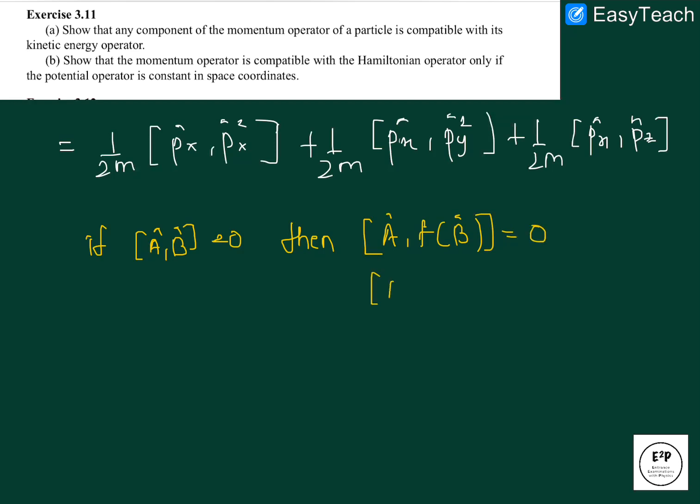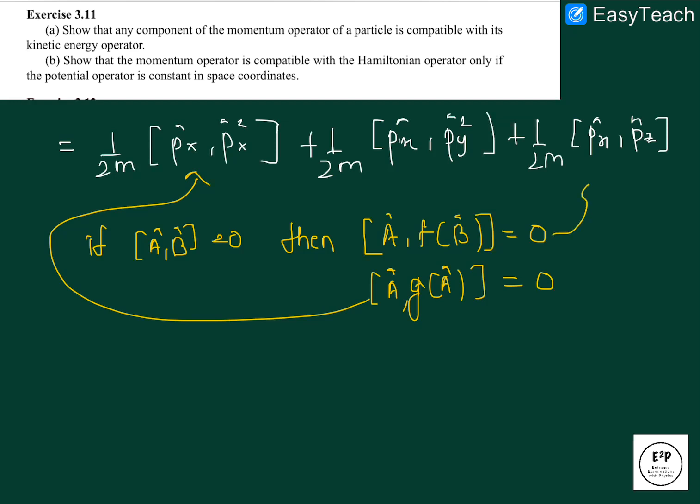Also A cap and some function of that same operator also commute. Applying this over here, f of py is nothing but py square and f of pz is pz square. So B cap was py and f of B was py square.